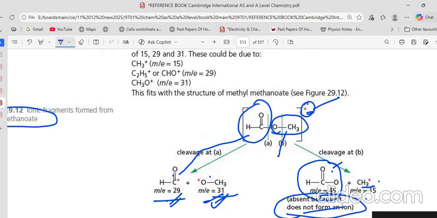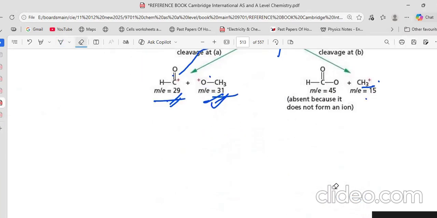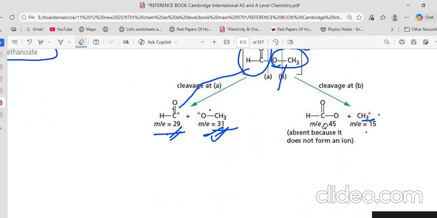I don't know why he's not also showing the ion of this. It could be that this ion doesn't form. It's just showing this as a free radical, which won't show up here because it is not charged.